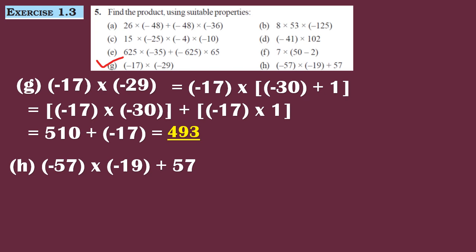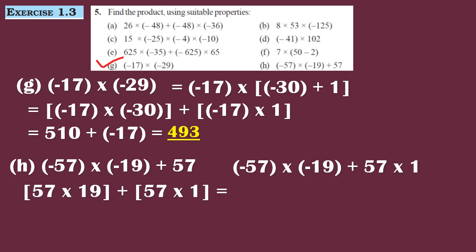And the last one, minus 57 into minus 19 plus 57. That's all. So here 57 into a number is not there. So let us substitute it with 57 into 1. Now here negative 57, there it is positive 57. So what we can do? We can make that 1 negative. So 57 into 19 plus 57 into 1, because here negative 57, negative 19, so the product will be positive, no?